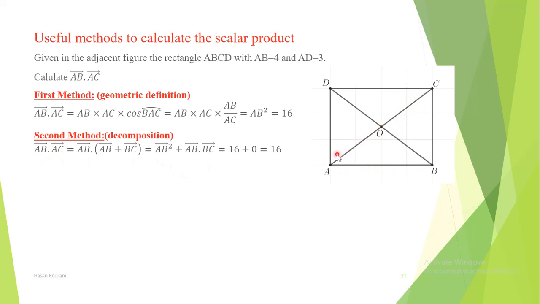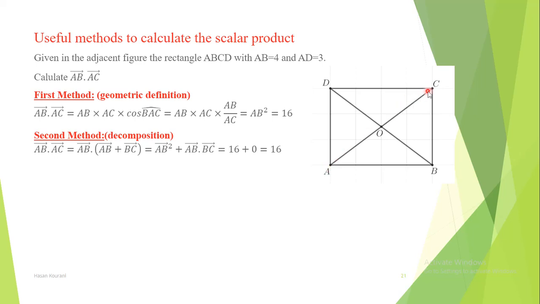Usually in decomposition, it's good to think about decomposing the oblique vector, not the horizontal vector. How? We have AC. Try to write AC as a sum of a horizontal vector plus a vertical vector.